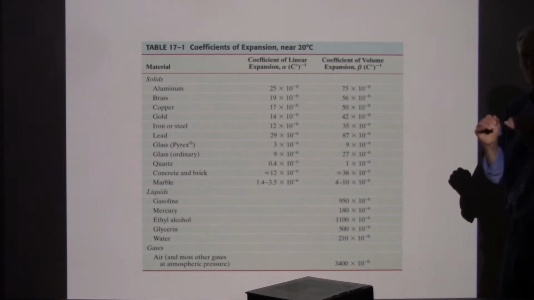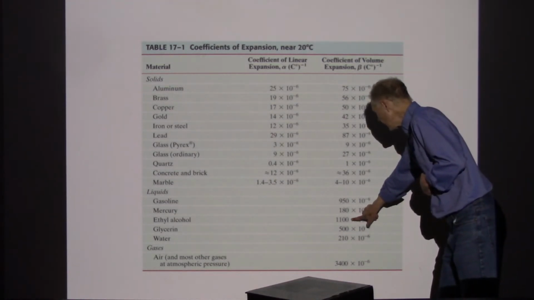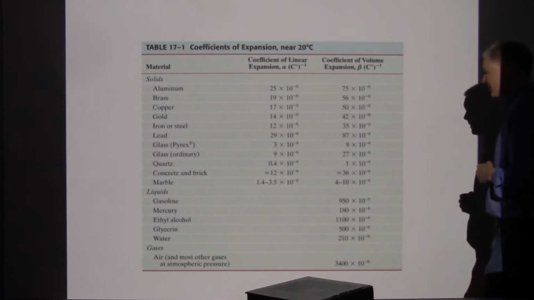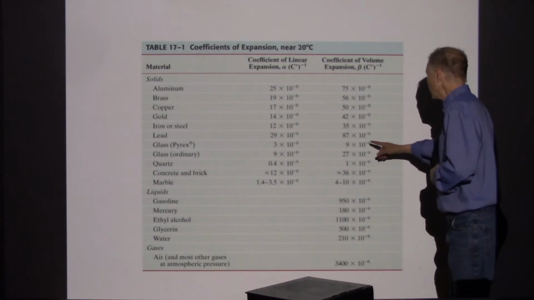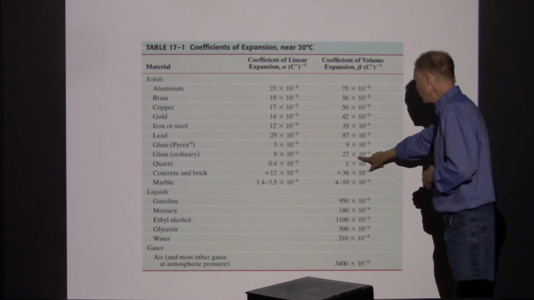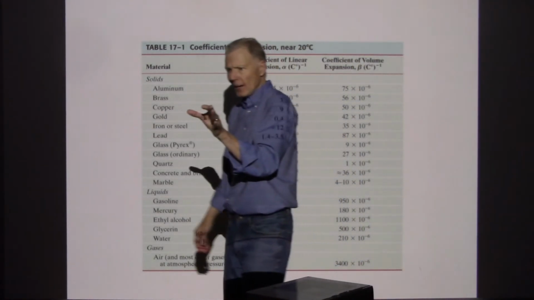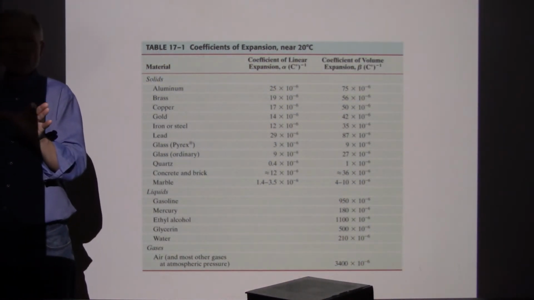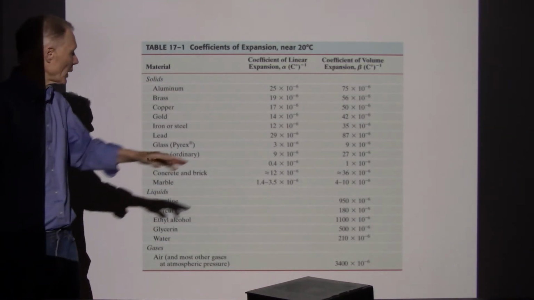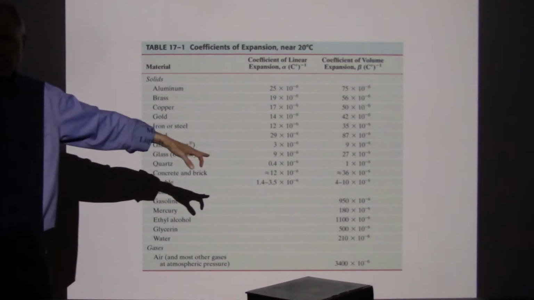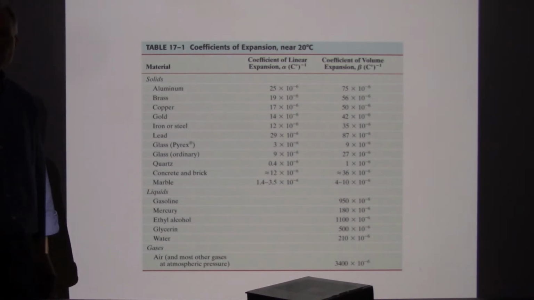Ooh, that's a favorite liquid of many people. Ethanol has an expansion of about 1,100 parts per million, whereas ordinary glass has an expansion of about 27 parts. So if you have a glass full of ethanol, and the temperature goes up, what's going to happen? Well, the ethanol is going to spill over, right? Because the ethanol has quite a significant expansion, whereas the glass that it's sitting in is almost negligible in comparison.